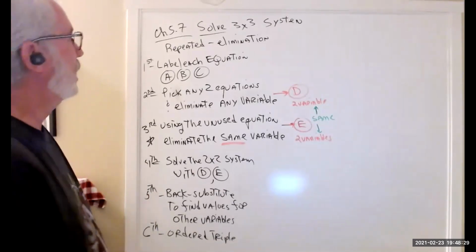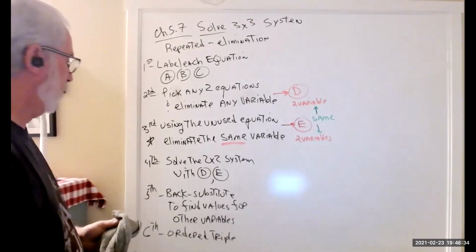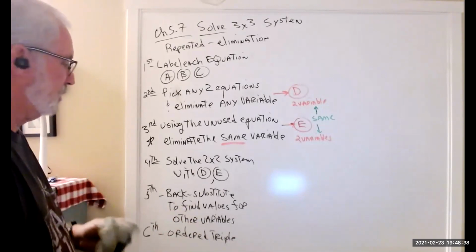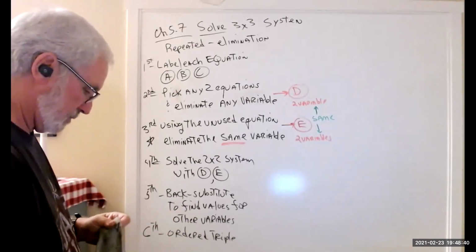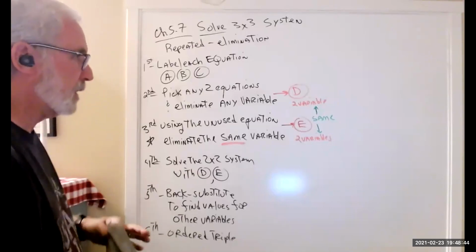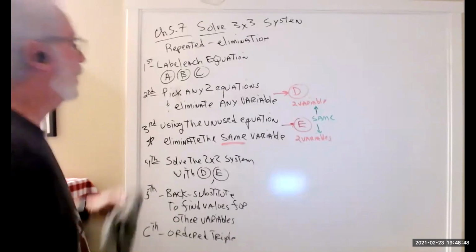Okay. Can I erase this? Wait, 1 sec. I'm on the 6th. It just says ordered triple, and I'm going to explain that. Anybody else? All right, here we go.